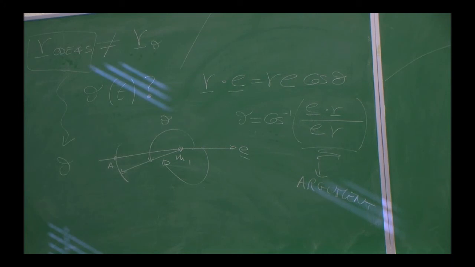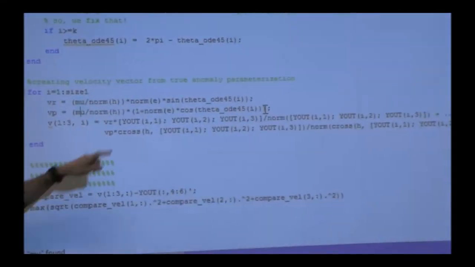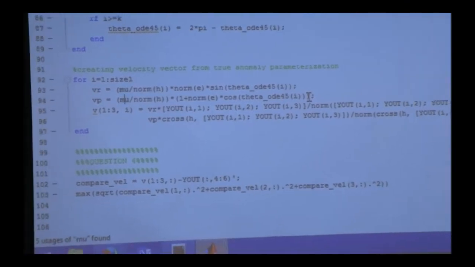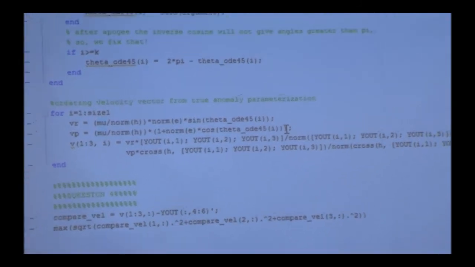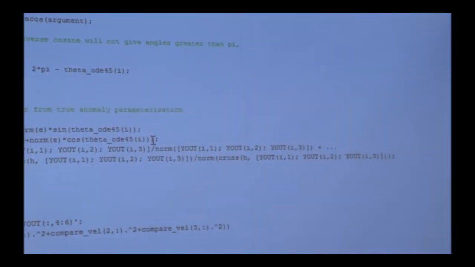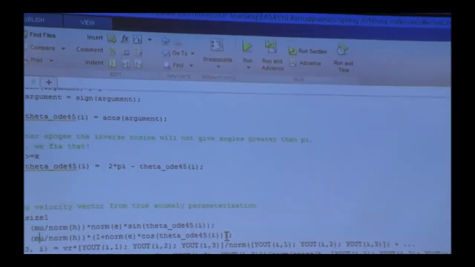And here I'm using the definition of velocity that is parametric with the true anomaly. And I think we're done. V radial, go back to your notes, is a function of the true anomaly. V perpendicular is a function of your true anomaly, and here I'm building up the vector. And how do you build up the vector? Well, what is the V, the radial direction? Okay, this is u_r, and this is u perpendicular.